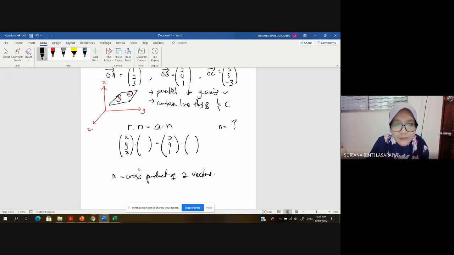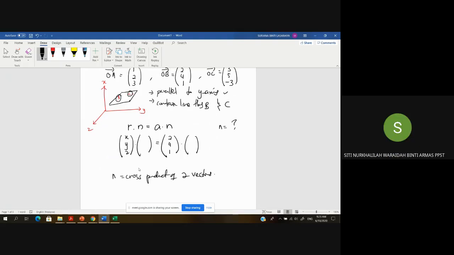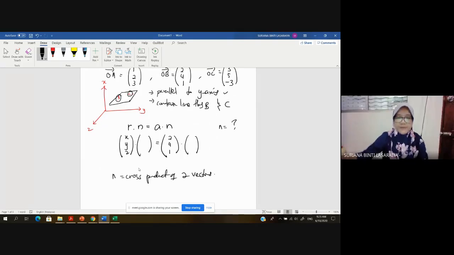Tak kamu tertinggal? Okay, so maksudnya cross product of two vectors. So you need to find two vectors on the plane ini. So the first one, you know yang ini kan? BC, maksudnya you can find vector ini nih.